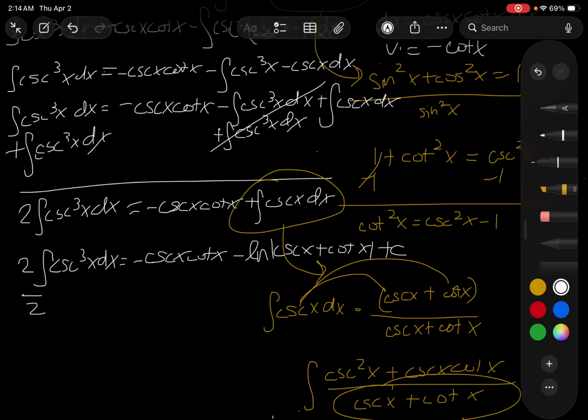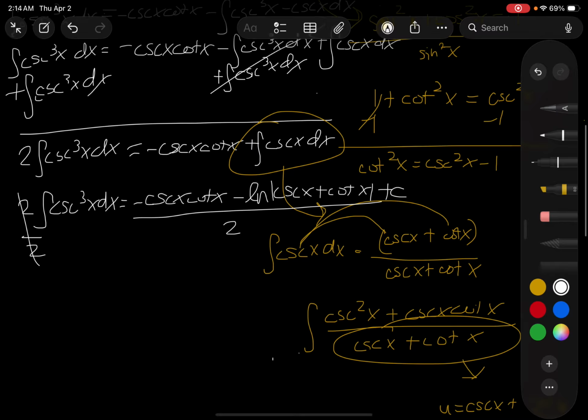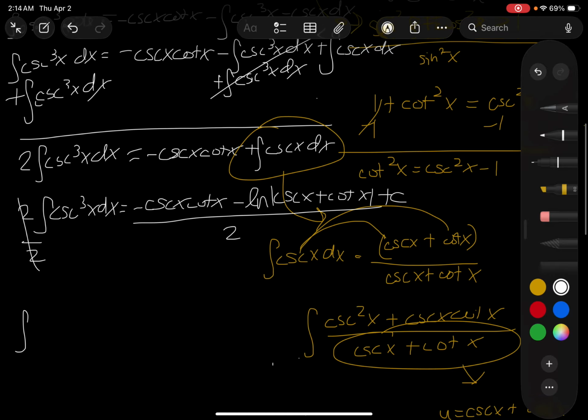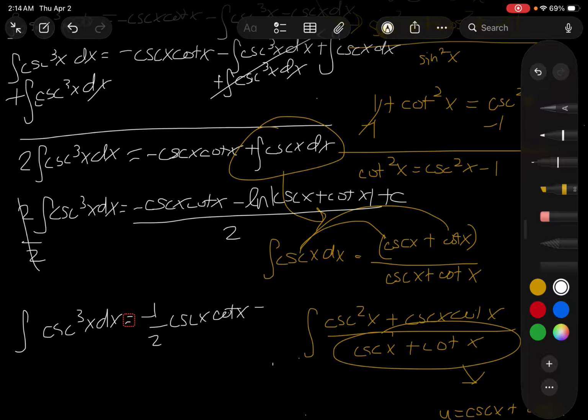Now we're going to divide both sides by 2 to isolate that, the integral of cosecant cubed. It's going to be negative 1/2 cosecant of x cotangent of x minus 1/2 ln of CSC of x plus cotangent of x.